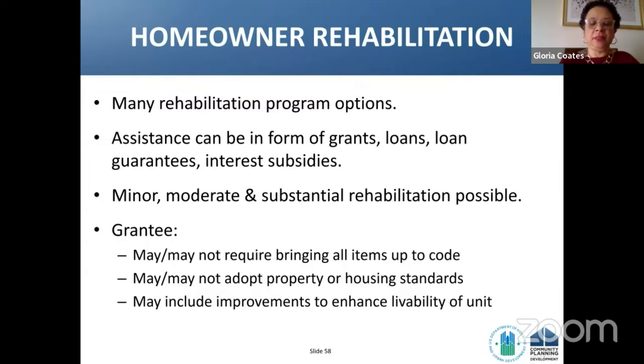When assisting households with homeowner rehabilitation, the assistance can be provided either as a grant or a loan. It can be a loan guarantee or interest subsidy, such as a soft second, to make it more affordable. A lot of grantees do forgivable loans, which means it'll say, if you stay in the house for 10 years, then no repayments required.